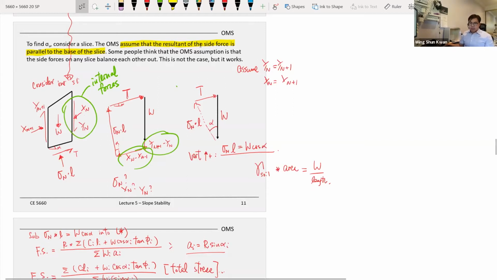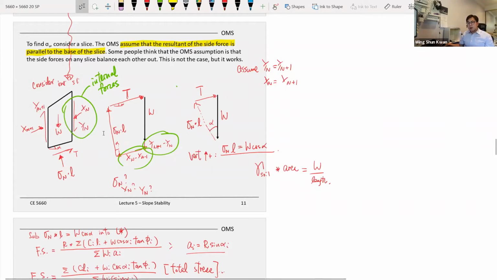From this force diagram, combined with the assumptions they have, they can solve for the normal stress. In the free body diagram, other than the internal force, which is pretty much an unknown, the normal force acting at the bottom of the slice is also an unknown.